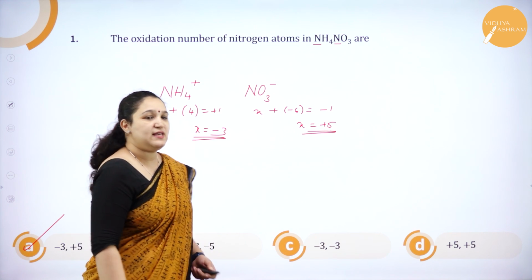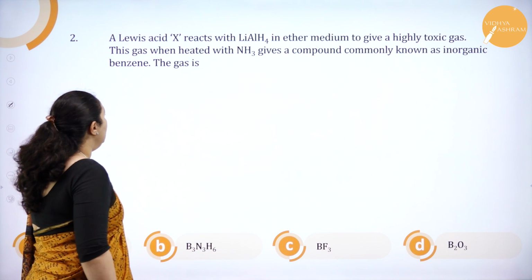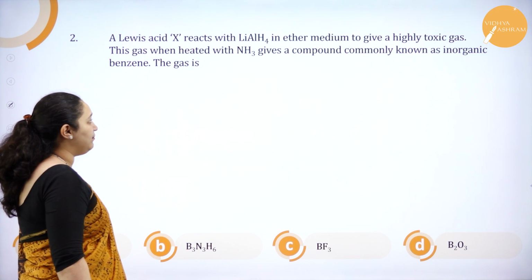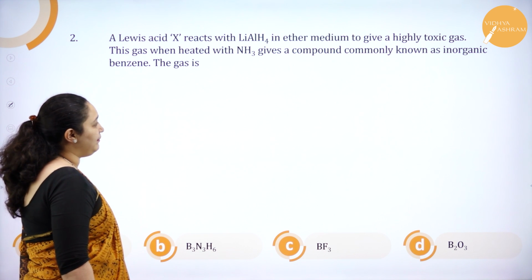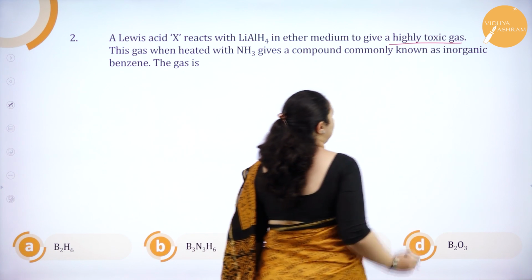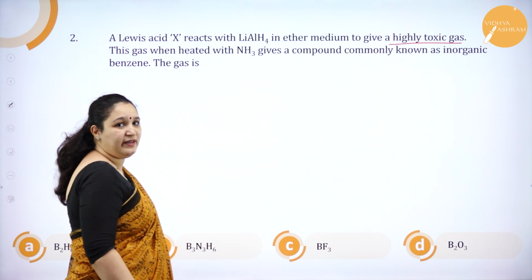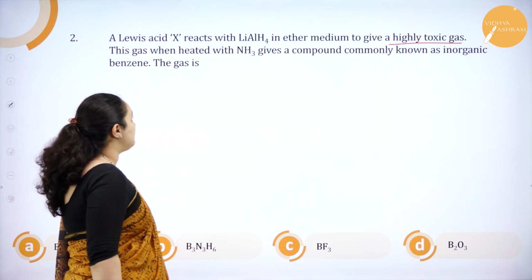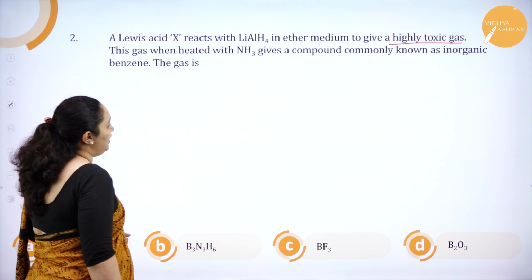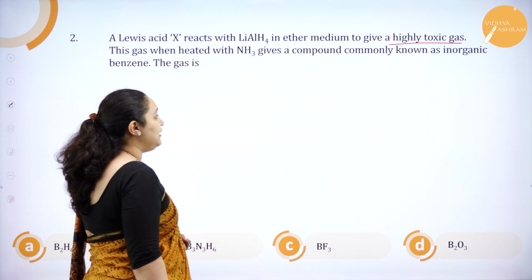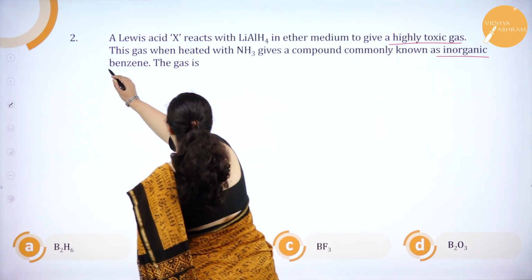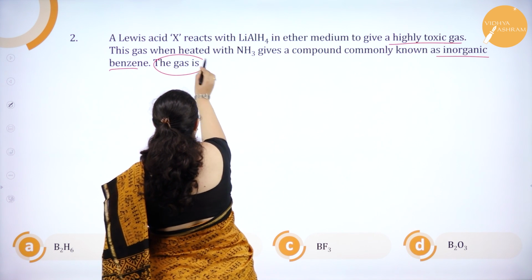Okay. So, the second question, the Lewis acid X reacts with lithium aluminum hydride in ether medium to give a highly toxic gas. Okay, they are giving a hint there. The gas is toxic which is produced. This gas when heated with NH3 gives a compound commonly known as inorganic benzene. So, they are asking you which is the gas.